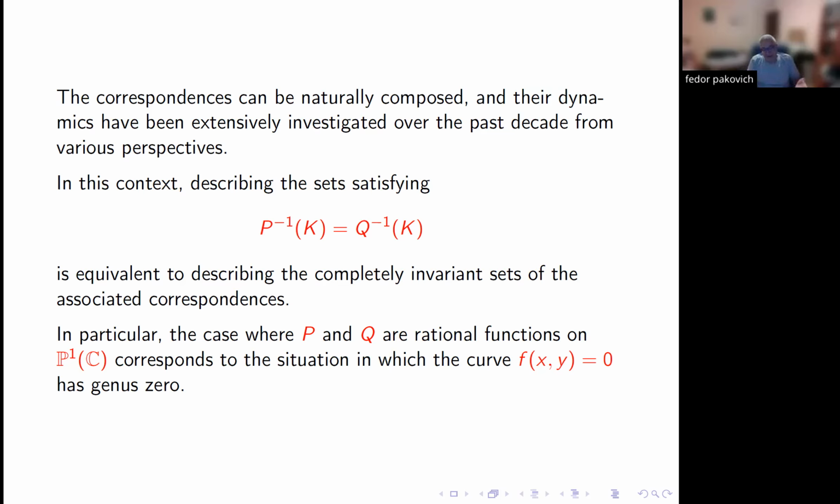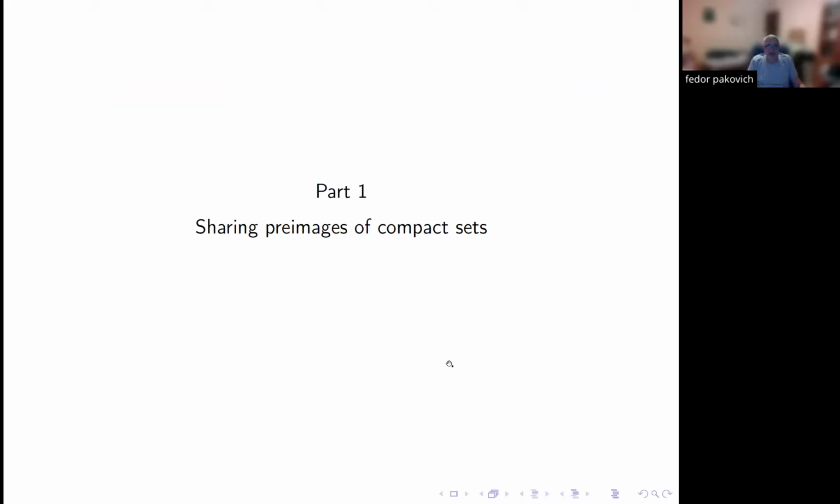Even if we speak about general correspondences, you can consider just two maps and probably even two different curves, not necessarily defined over C and so on, but I won't consider such a generalization here.